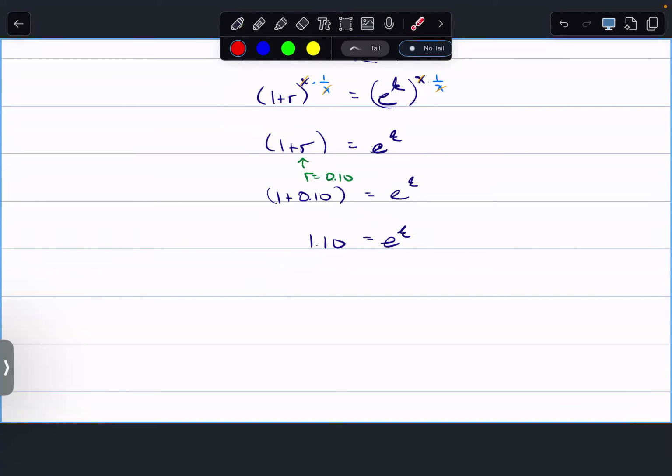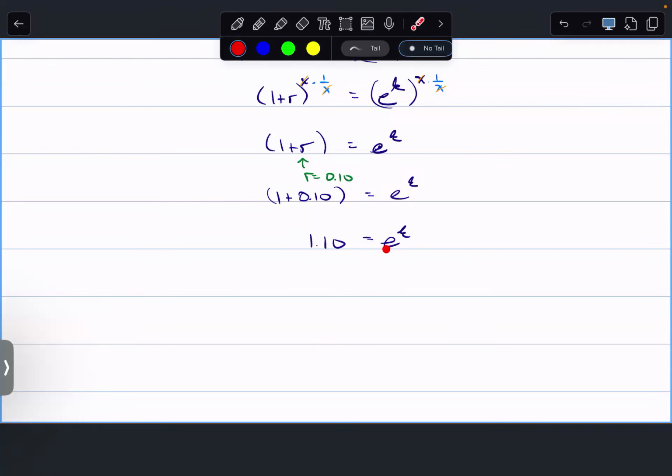e is just a number, right? It's an irrational number, but it is a constant. And so e is 2.71828, blah, blah. We know you have an e button on your calculator, but that's not the problem. The problem is that we want to get at this k, which is in the exponent. To bring exponents downstairs, we need a log.